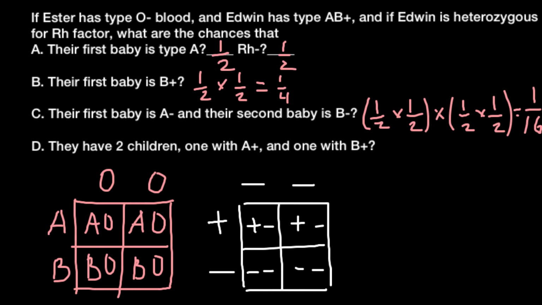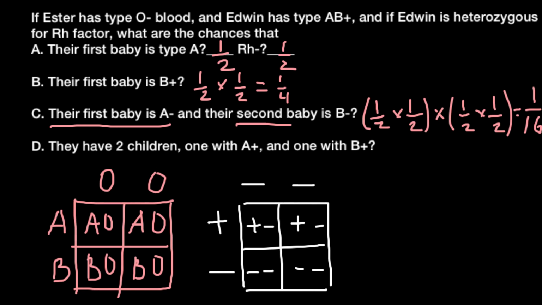The first child is A positive and the second baby is B negative, and in this question D we are not given an order.